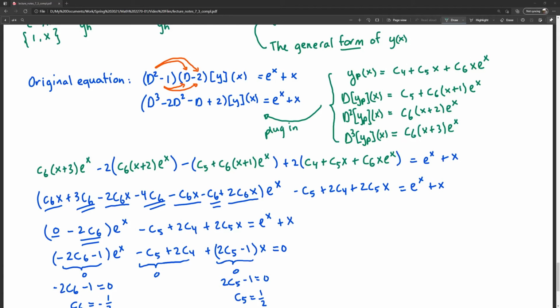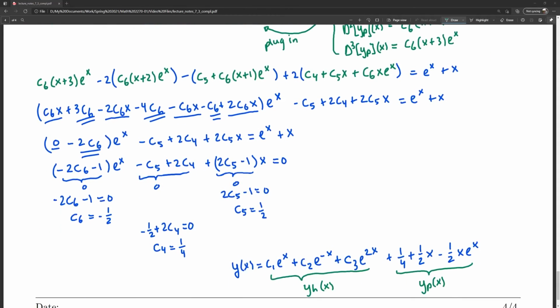And then the second part is this with c4 and c5. If we then subtract e to the power x on both sides and we subtract x on both sides, we get this expression here, negative 2c6 minus 1 times e to the power x plus negative c5 plus 2c4 plus 2c5 minus 1 times x equals 0.